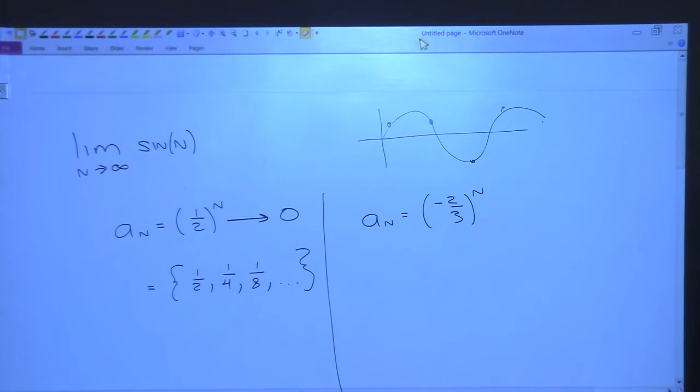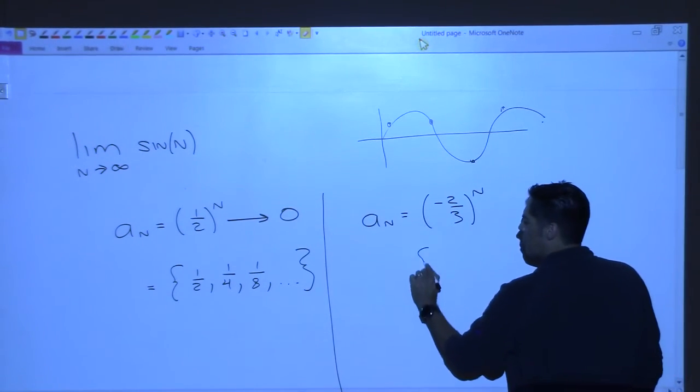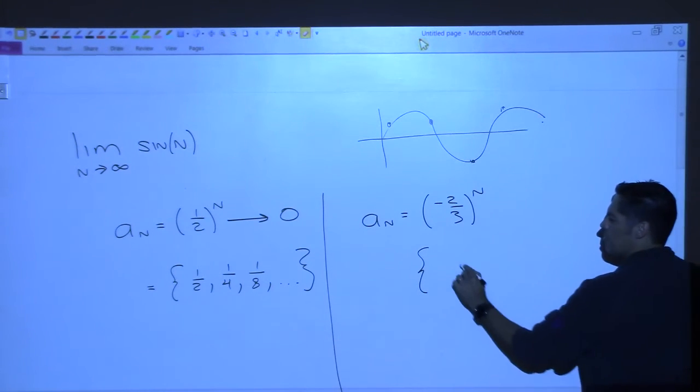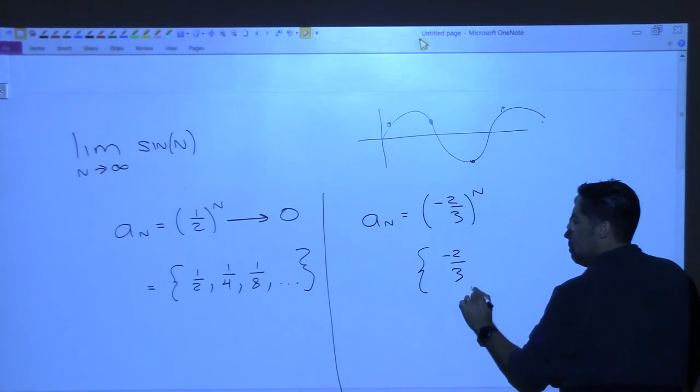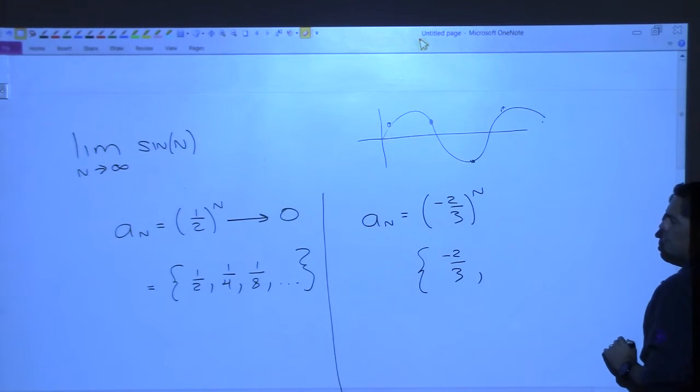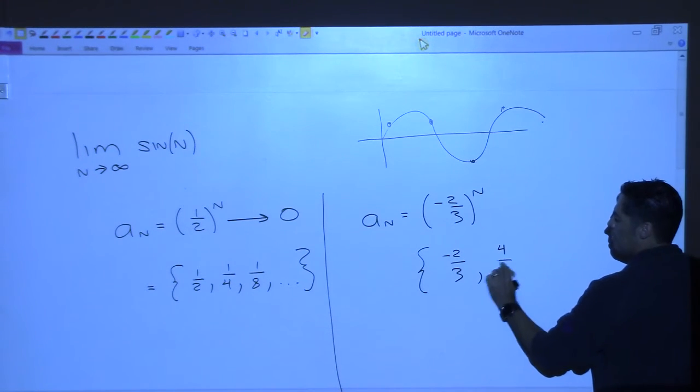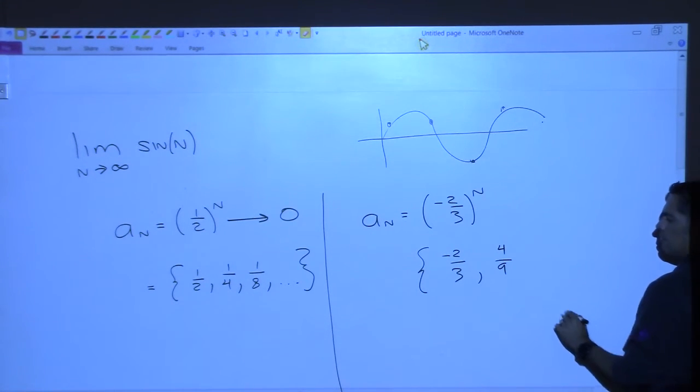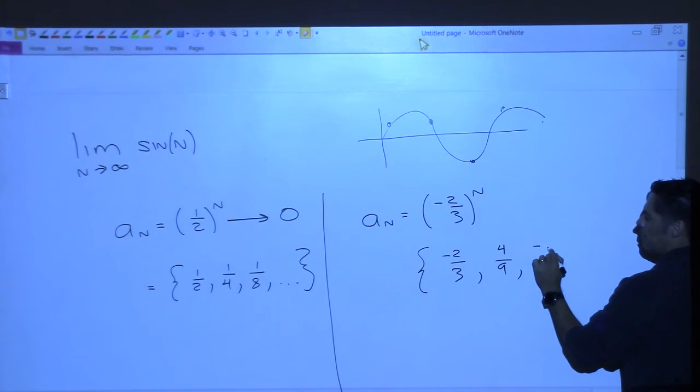Is that enough for me to say divergent, though? Let's write them out. What were they when we wrote them out? It was negative 2/3, right? And then when we plug in 2, we get 4/9, negative 8/27.